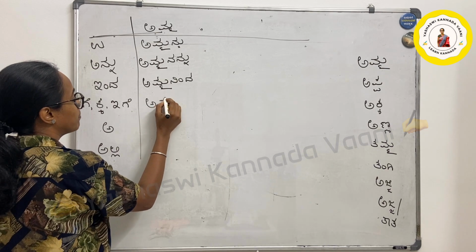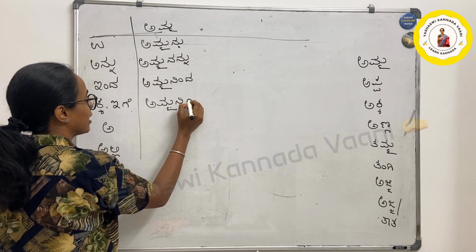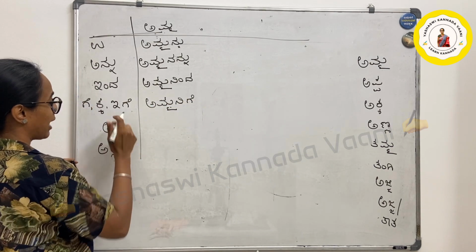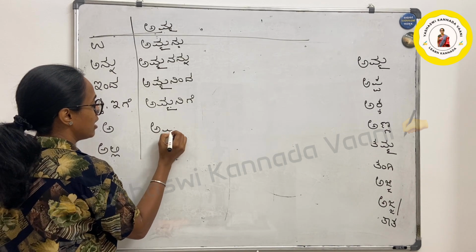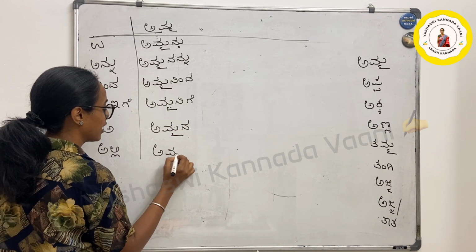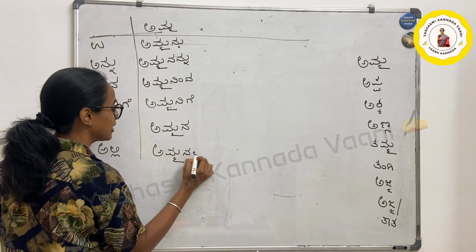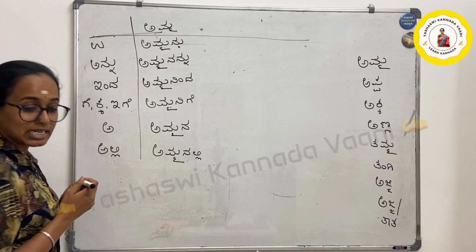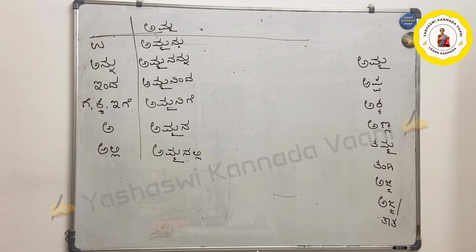Amma plus ige, ammanige. Ammana, ammanalli. So what is that letter that you are observing here? Throughout the set you are observing the letter n, right?